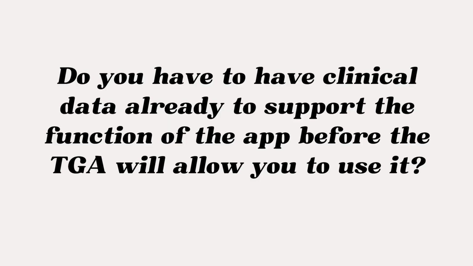So do you have to have clinical data to support the function or the applicability of the app before the TGA will allow you to use it in any sense? Kind of. In order to register it, you don't need to have that for specific classifications.